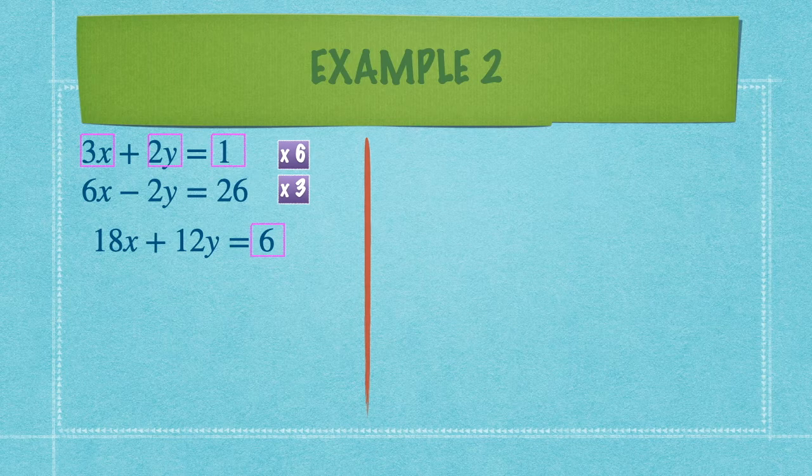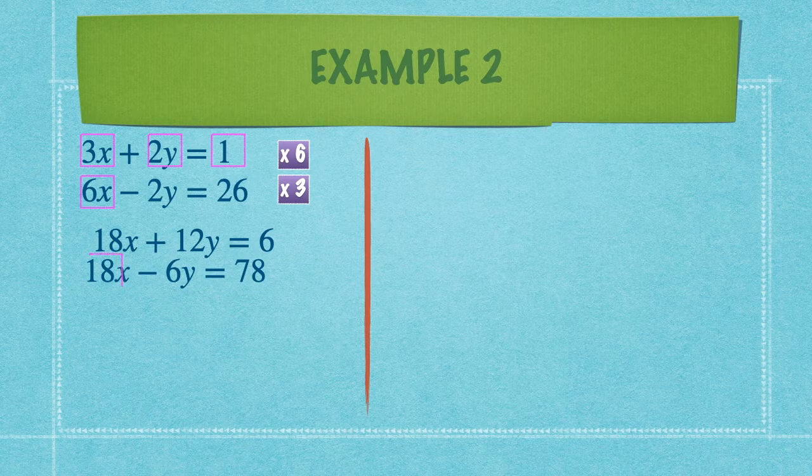Now, the 3 that we have there, we're going to multiply it by the second equation, because we're trying to get x to be the same. So 3 times the 6, that gives us 18.